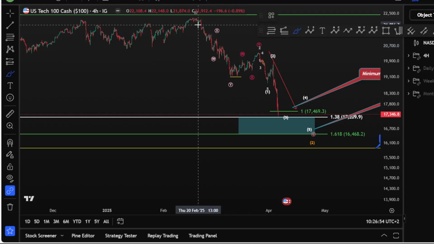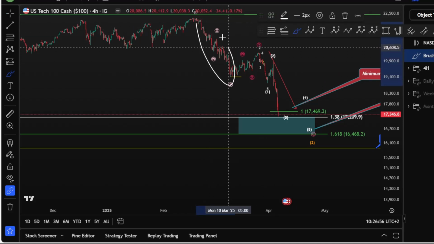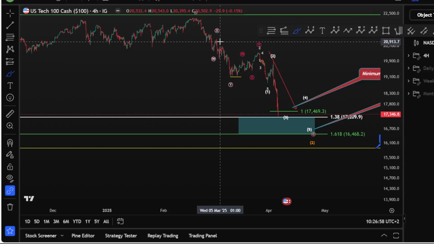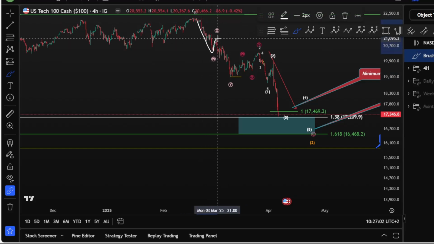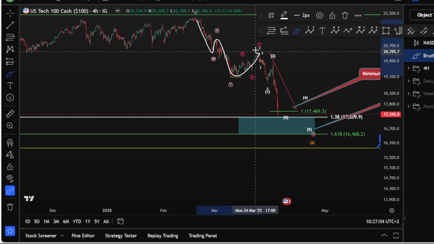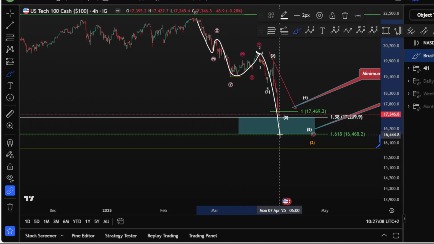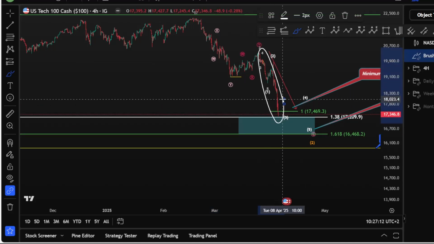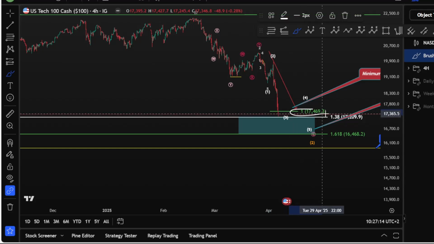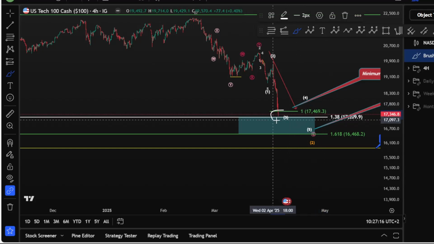So I have no other choice, even though there are some invalidations here for the impulse. We might then transfer it into 1, A, B, and a C for a wave 2, for a finished wave 1, and then moving for a wave 3. And that is because of the indication here of this massive impulse hitting the 1-to-1 fib level and even overshooting it.